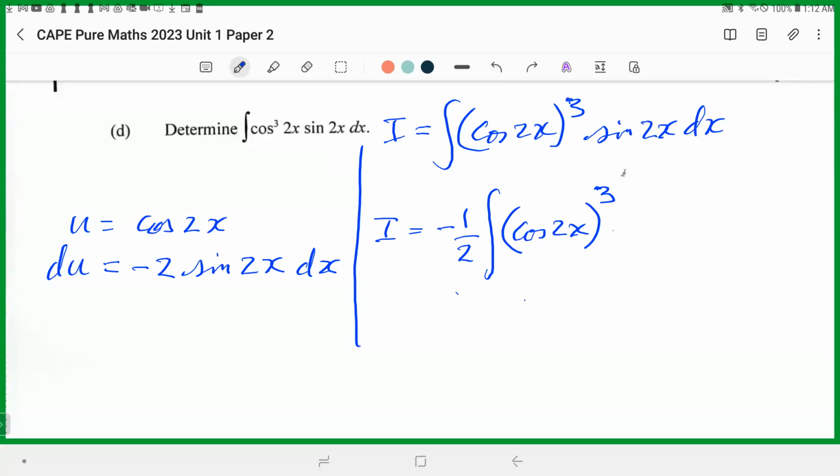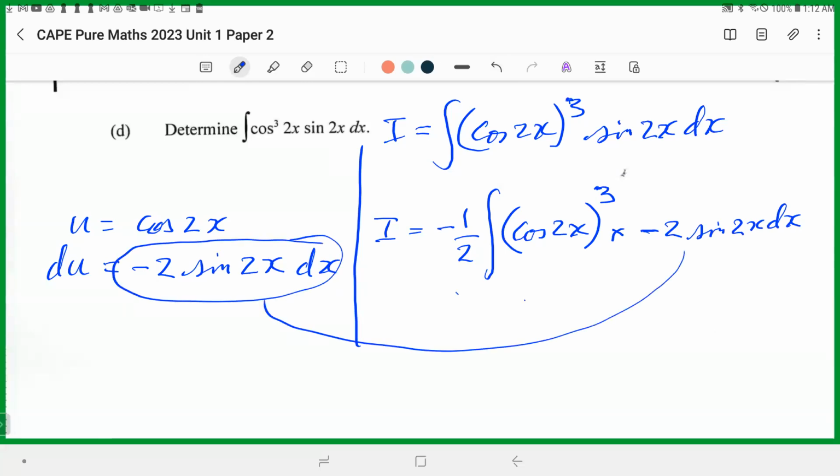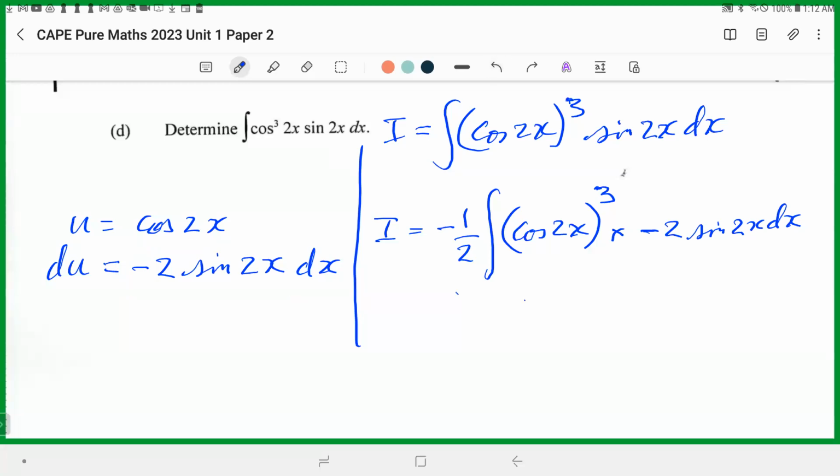Because I'm going to multiply and put the negative 2 in front of this, so I'm going to get minus 2 sine 2x dx. So now I have this out here. All of this becomes du.